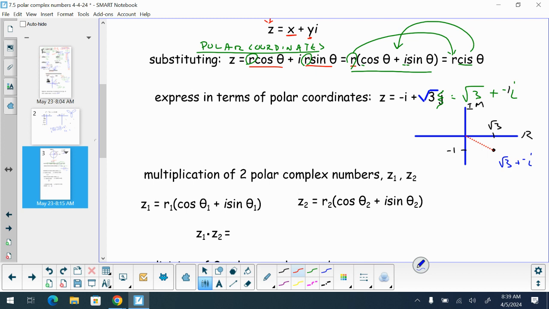We want to write this in terms of polar coordinates. When we're writing in terms of polar coordinates, we need to determine a theta here, and we need to be able to determine an r. The value of r is my distance from the pole or from the center. So we can find our r as the square root of x squared plus y squared, our Pythagorean idea.